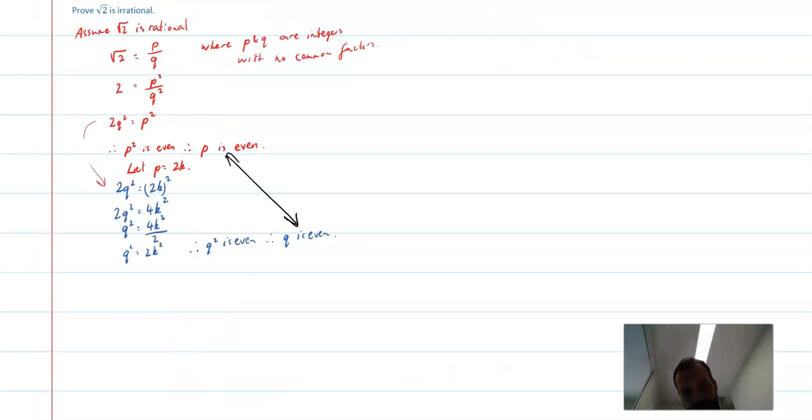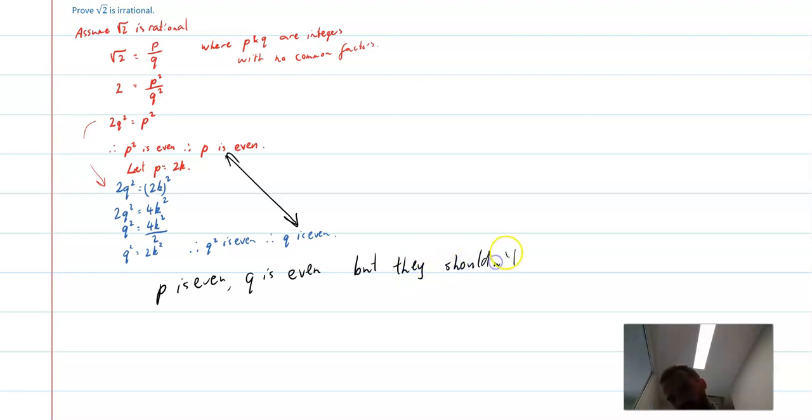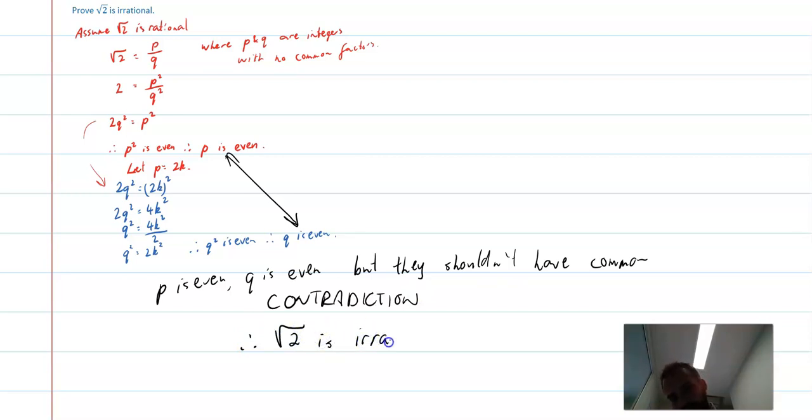So summing up, P is even, Q is even, but they shouldn't have common factors. Contradiction. Therefore, root 2 is irrational.